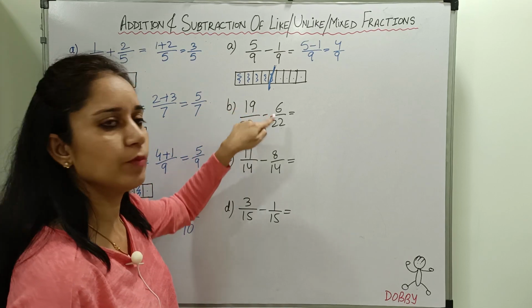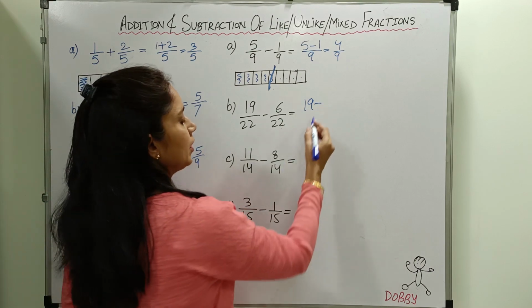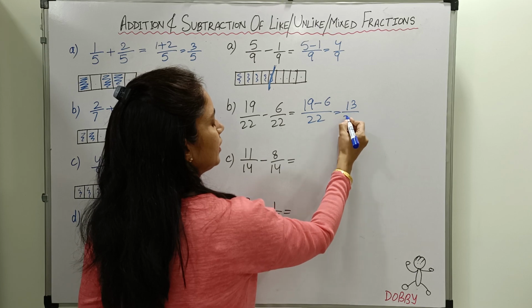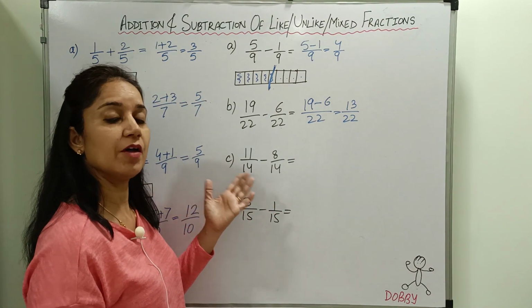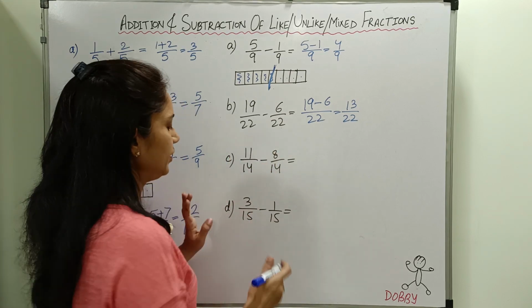Now try next. 19 upon 22 minus 6 upon 22. So now you can do it mentally. 19 minus 6 upon 22 gives us 13 upon 22. So I hope the concept is clear, that why we are not adding or subtracting denominators. Right?